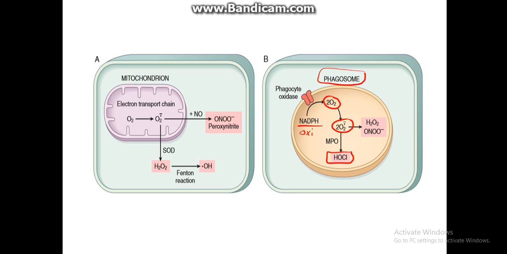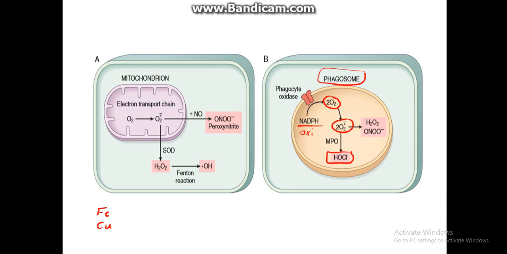Now another thing is metals. Metals such as iron or copper, when they accumulate, of course, why do we have transferrin and ceruloplasmin? Because the iron and copper cannot be left alone within the blood because they will form free radicals. So here, this is something that is called the Fenton reaction.